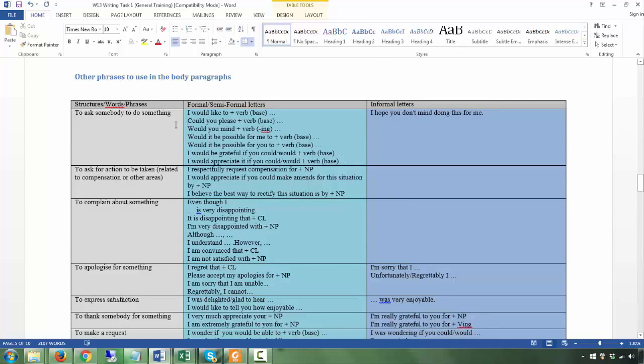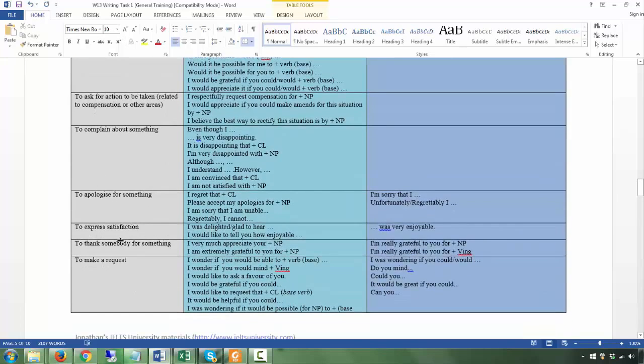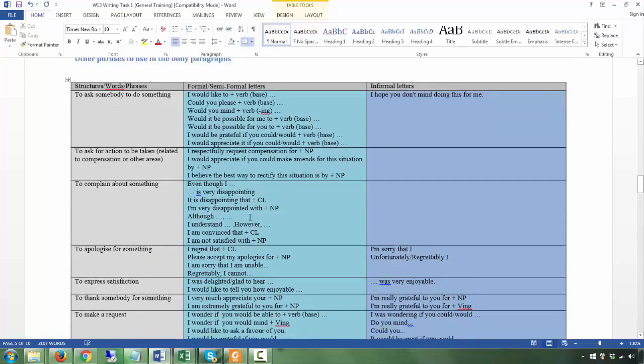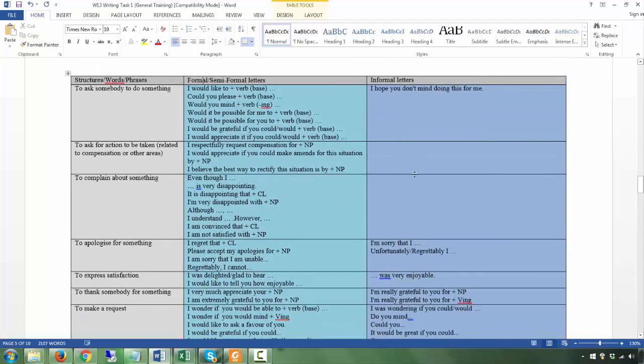So if you're asking somebody to do something, if you're going to complain about something, if you're going to express satisfaction, to make a request, etc., these are important formal phrases. Now, I put a lot of these here, and you don't see many phrases for informal because you are familiar with how to write an informal letter, because you've been using English when you email someone or speak to someone.